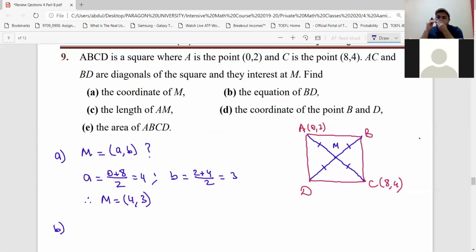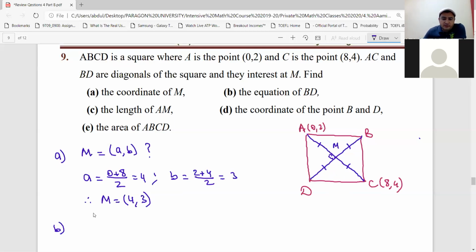That's right. And you are saying that this angle is 90 degrees. Why? Because it's a square, right? Otherwise, in a rectangle, it is not like that. Actually, the diagonals don't intersect each other at an angle of 90 degrees.